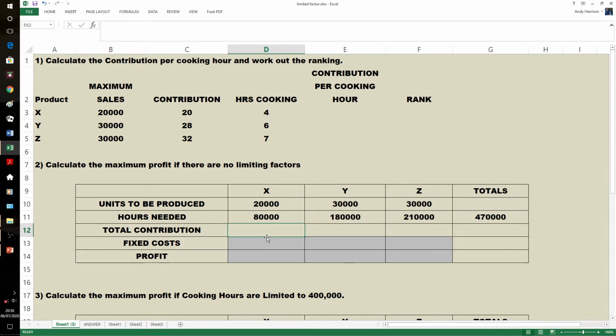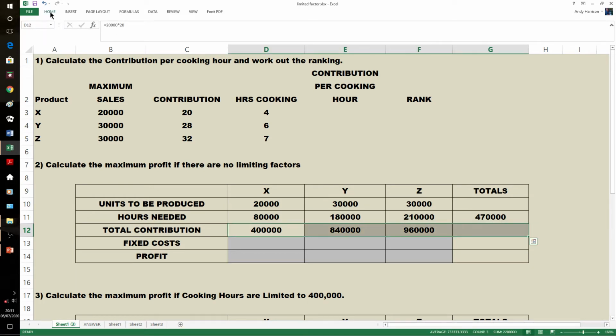So normal contributions: X makes us 20, Y makes us 840,000. Of course, our top dog, top volume as well, Z makes us 960,000.